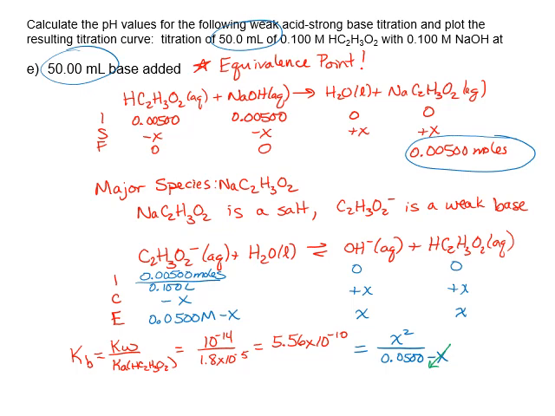So when we solve this for x, it's going to be equal to the square root of 5.56 times 10 to the minus 10 times the 0.05, which gives us an x value of 5.27 times 10 to the minus 6.